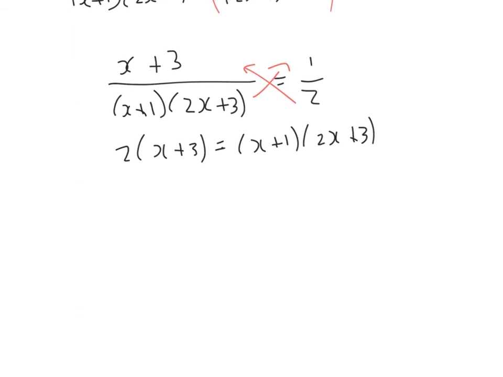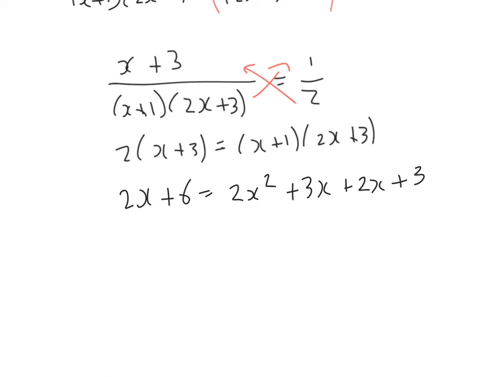We can then expand out the left and right hand side. 2x plus 6 equals 2x times x is 2x squared. X times 3 is 3x. 1 times 2x is 2x, and 1 times 3 is 3.